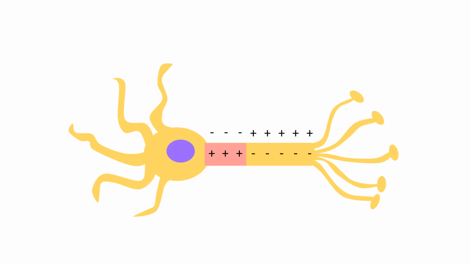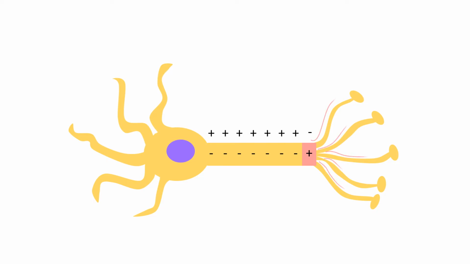So as this wave of depolarization creeps along the membrane, the preceding region will repolarize. Now, the current area of depolarization will cause the next adjacent area to depolarize, and then it will repolarize. And this pattern is going to continue all the way down to the end of the axon. And depolarization doesn't stop there.